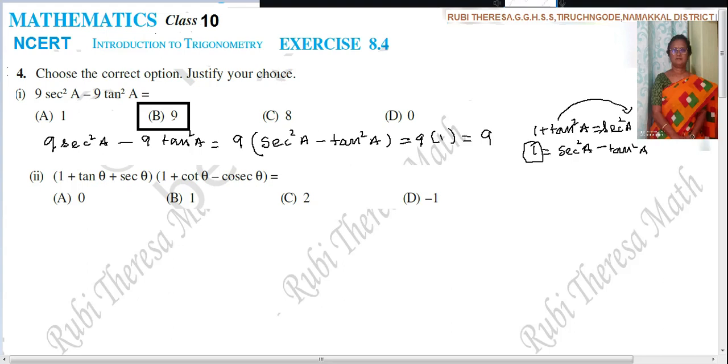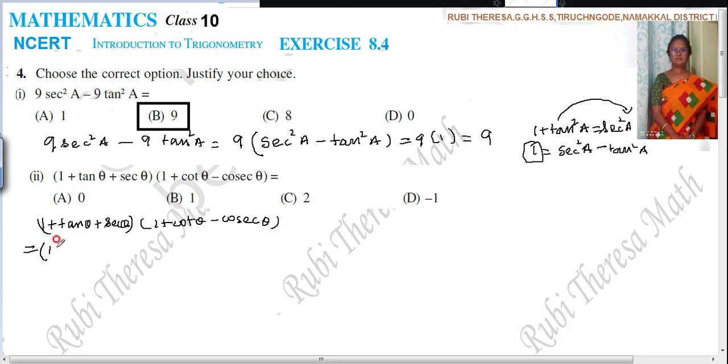Second one. 1 plus tan theta plus secant theta into 1 plus cot theta minus cosecant theta equal to. First you take this. That is LHS. So 1 plus tan theta plus secant theta into 1 plus cot theta minus cosecant theta equal to what?